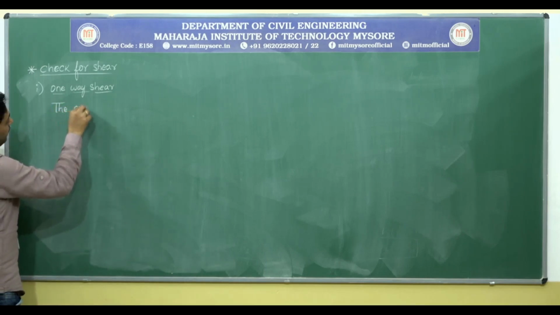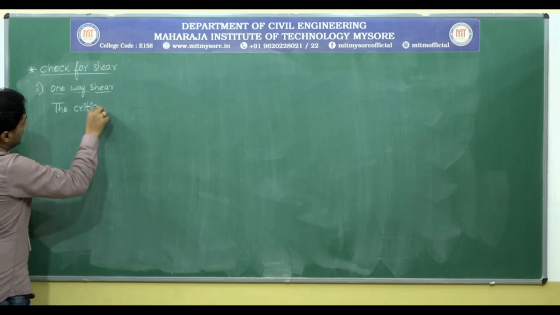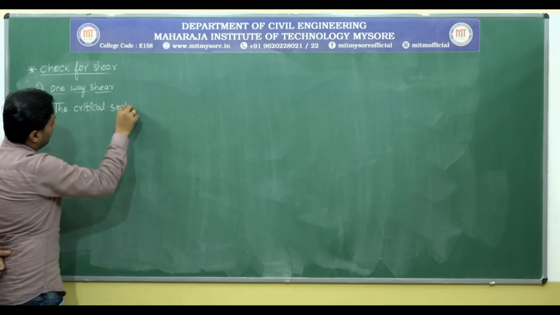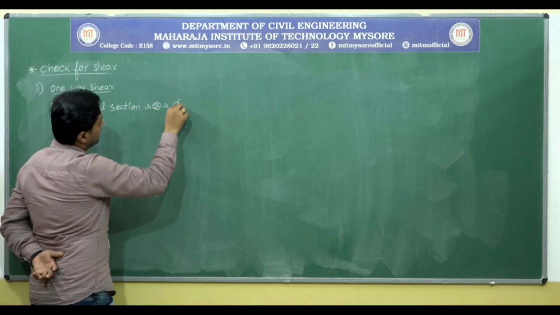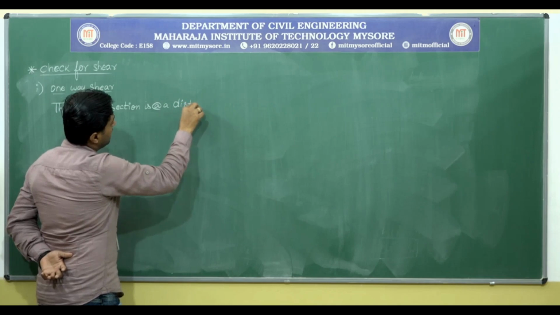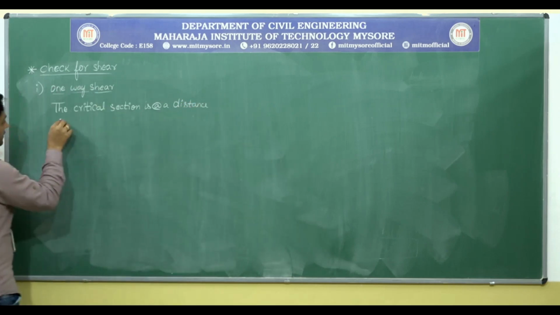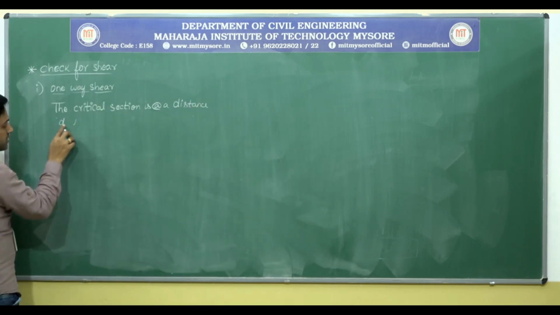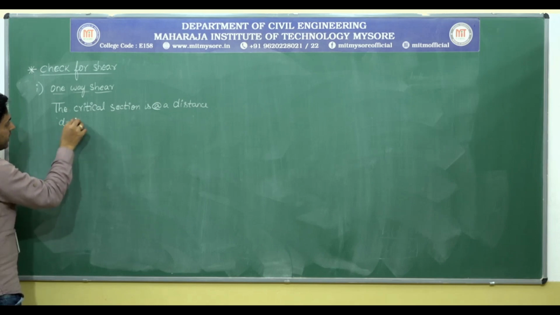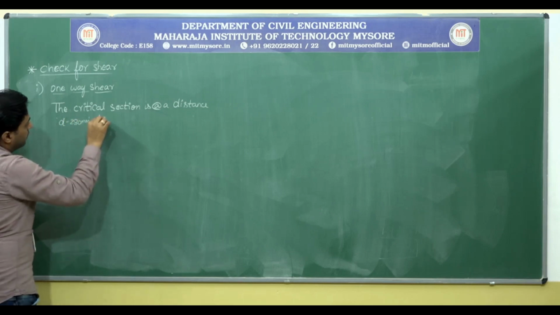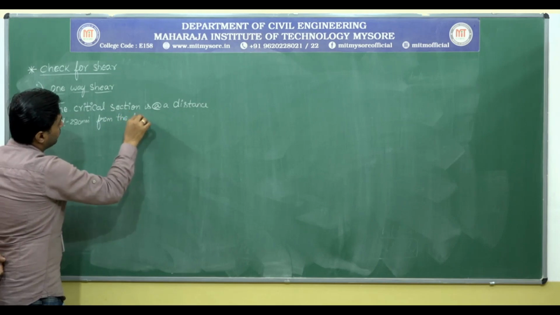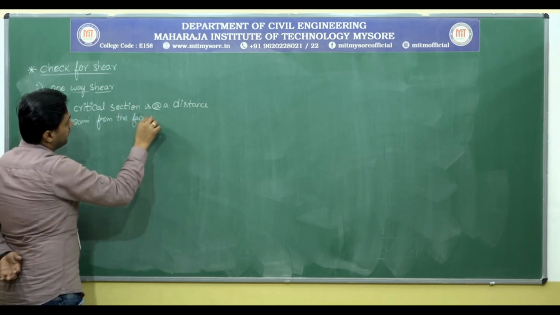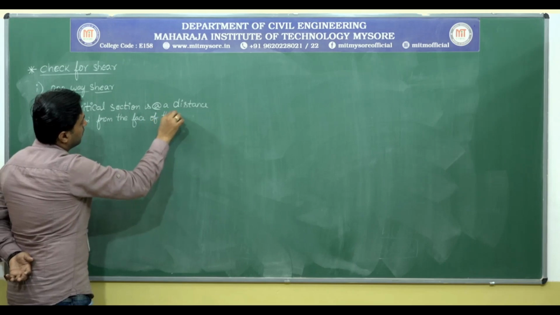What is this value d? d is nothing but 280 mm, at a distance d from the face of the column.